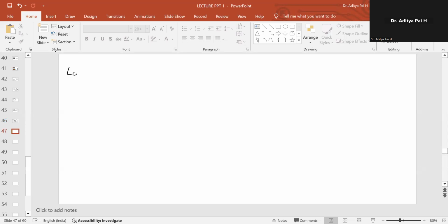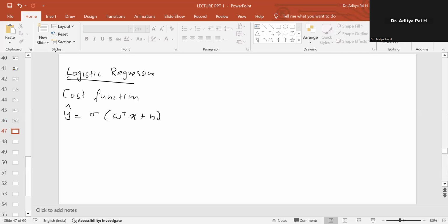Now in logistic regression, we also see the cost function. To calculate the cost function, let's see y hat, which is sigma of W transpose X plus B, where we had seen that sigma of z is equal to 1 by 1 plus e power minus z, because this is my z.